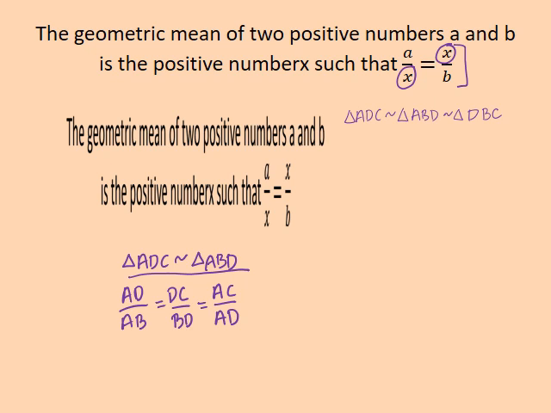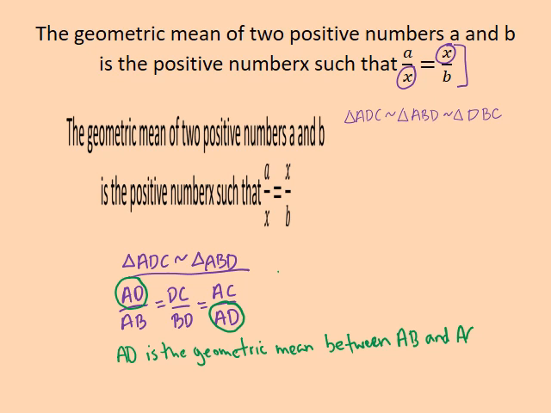When we look at this proportionality statement, we discover that AD occurs twice in our diagram, which means that AD is the geometric mean between AB and AC.